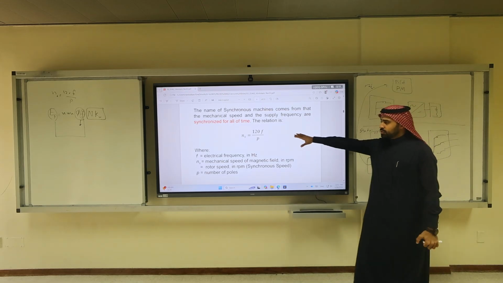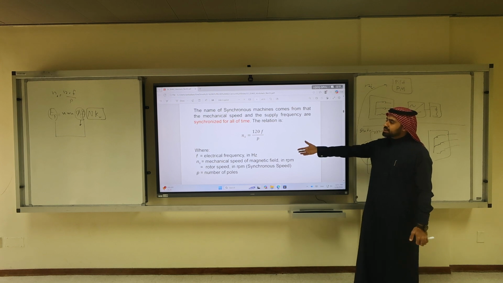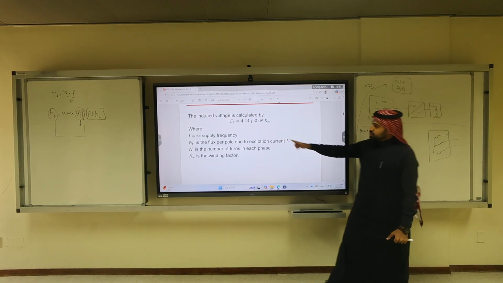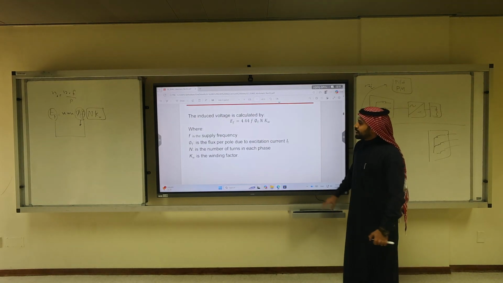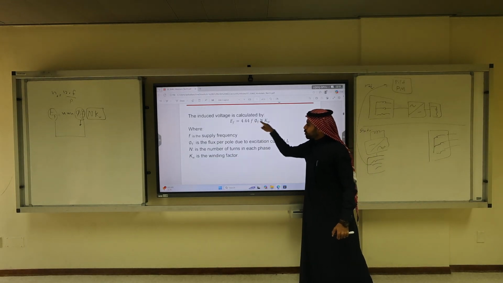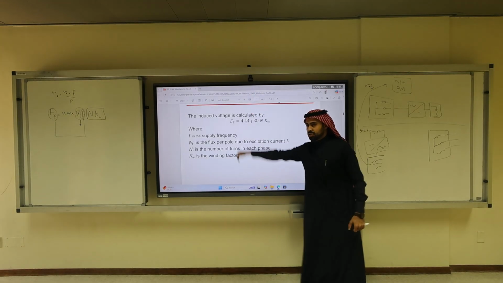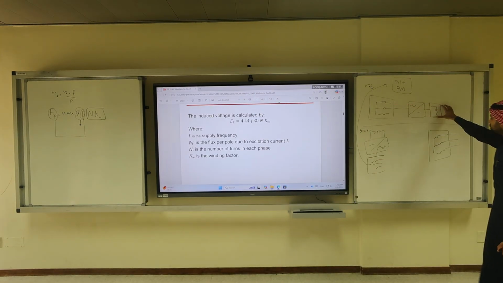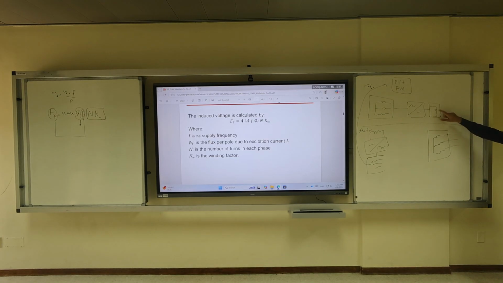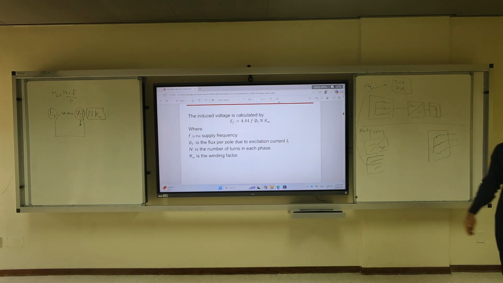But for fossil fuel power plants, we are synchronizing it all the time. We have tools of synchronism that ensure that frequency is always under control. And I told you last time that if you change either F or the flux, or both of them, you can either increase or decrease the amount of induced voltage. The EF occurs when this winding that is excited by DC rotates and generates three-phase output on the synchronous generator.